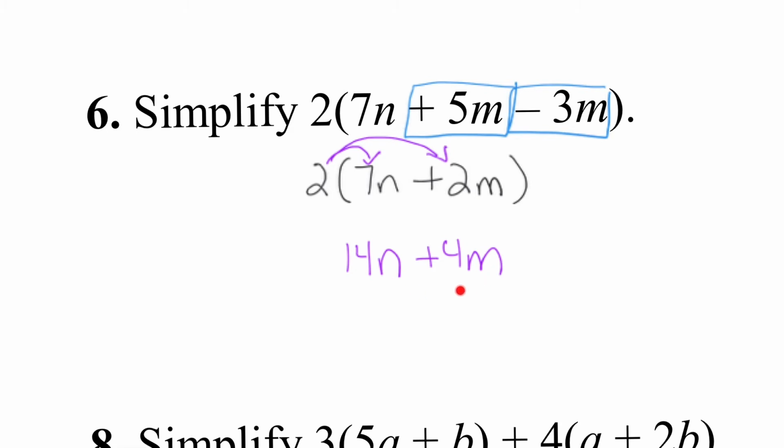You notice that the m and the n, those are backwards. Alphabetical order, m as in mom is first, and then n. So I'm going to switch the order. Even though this is correct, yes, this is right, but if you put it in order, you have the positive 4m first, and then the positive 14n.